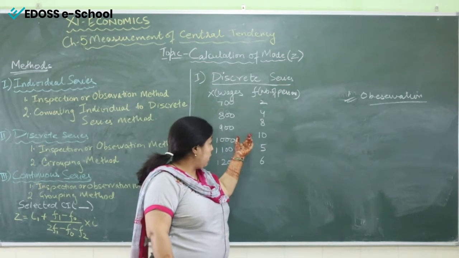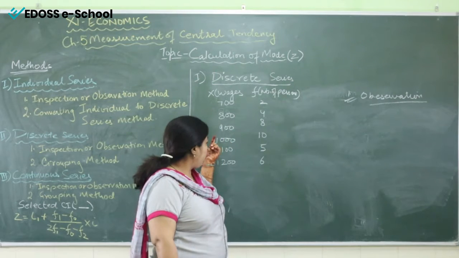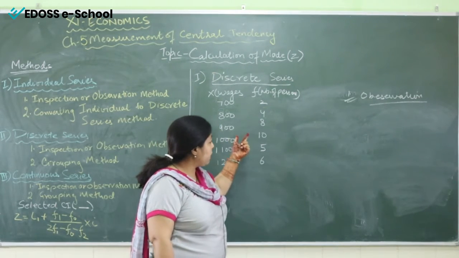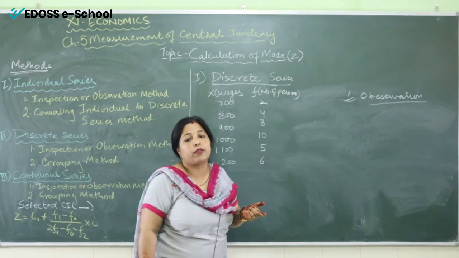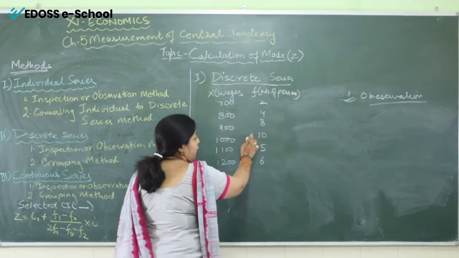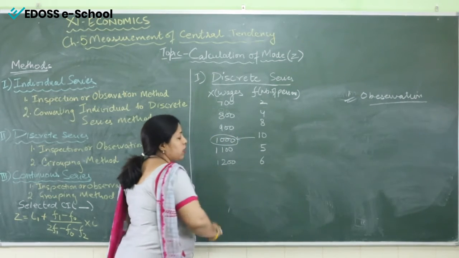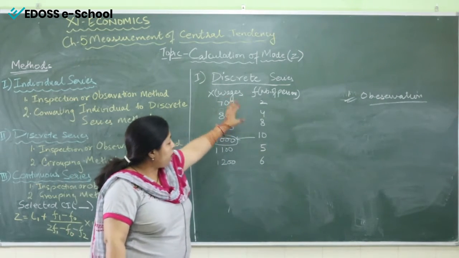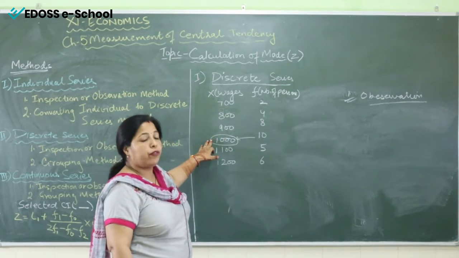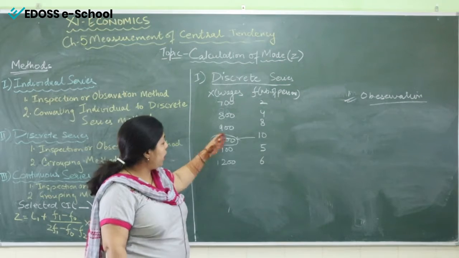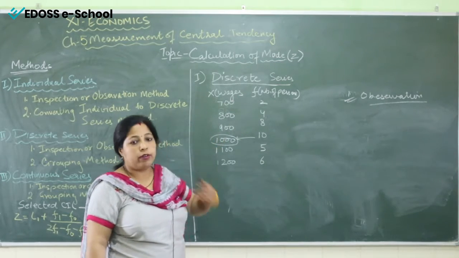Means the number which is in front of 10, that is 1000. 1000 is repeated 10 times, that is the maximum number of times. So this is the highest frequency, and for the highest frequency, the actual data is 1000. So 10 persons are getting wages of 1000 rupees. So this is the mode, and we have observed it and we are going to write it.